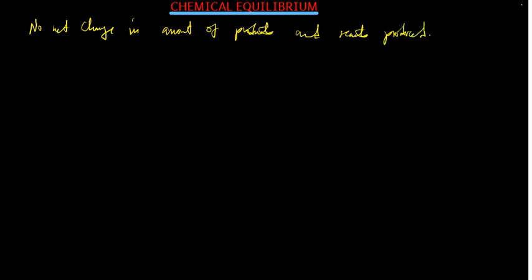So we need to understand something here. When a chemical reaction is happening, take for example this reaction where you've been given a balanced reaction: aA plus bB, and this is giving us cC and dD.